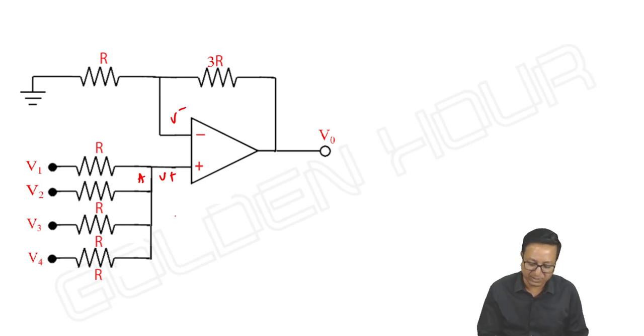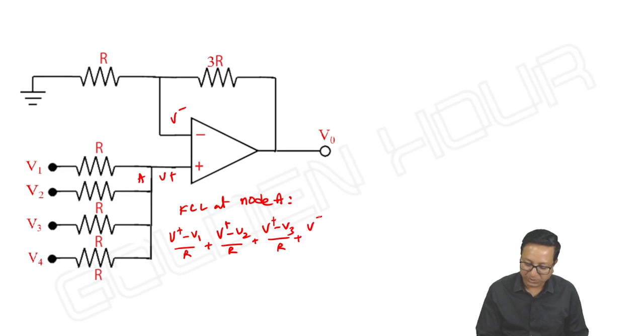KCL at node A: (V+ − V1)/R + (V+ − V2)/R + (V+ − V3)/R + (V+ − V4)/R = 0. So V+ = (V1 + V2 + V3 + V4)/4.